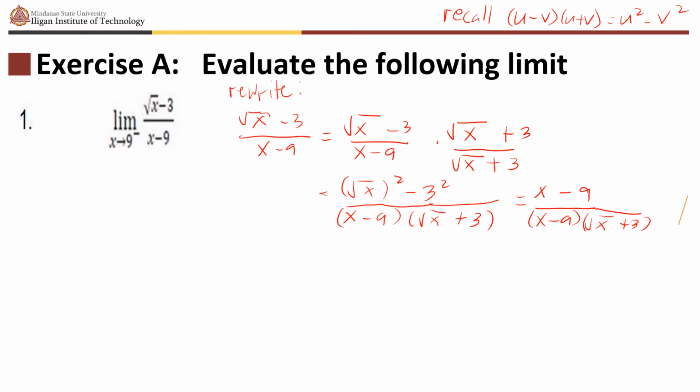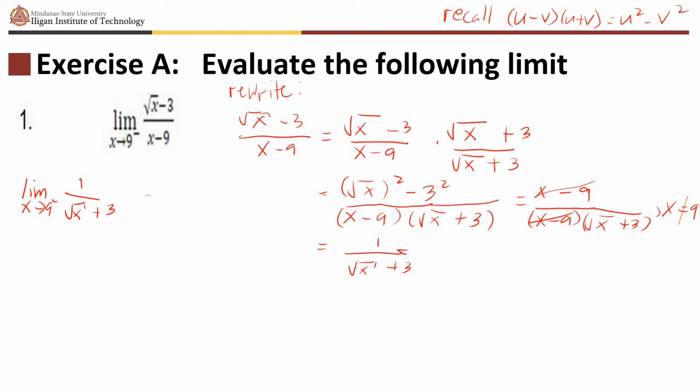And because x is not equal to 9, it's just approaching 9, then we can divide out by x minus 9 and come up now with 1 over square root of x plus 3. So this function becomes the limit now of 1 over square root of x plus 3 as x approaches 9 from the left.